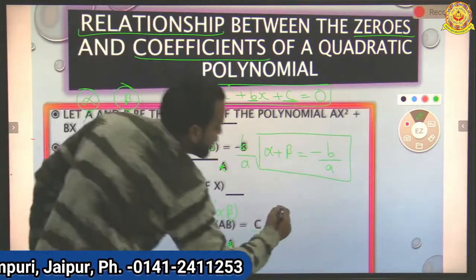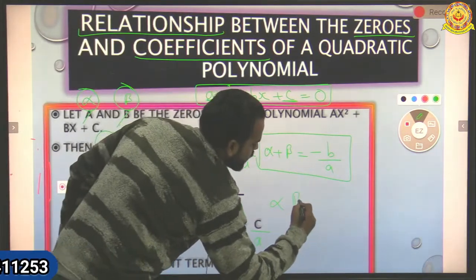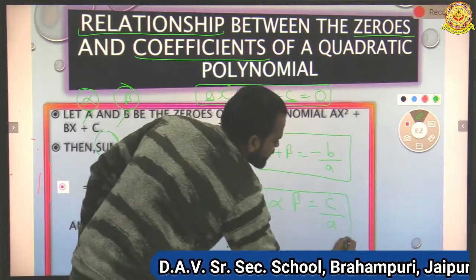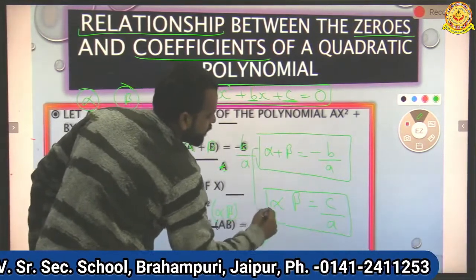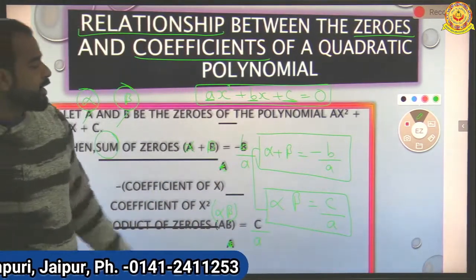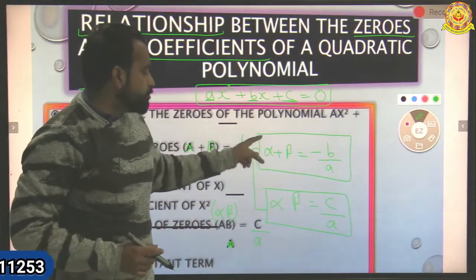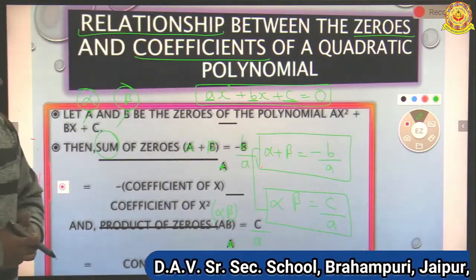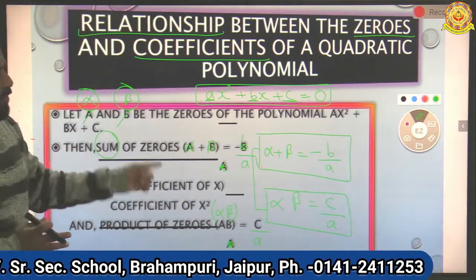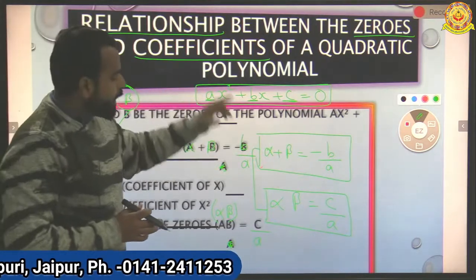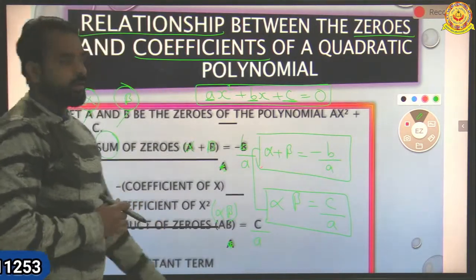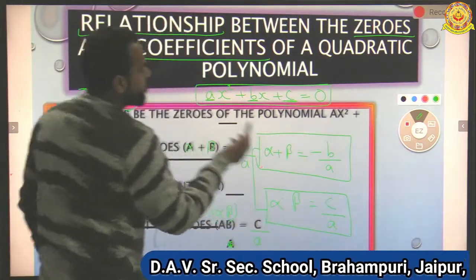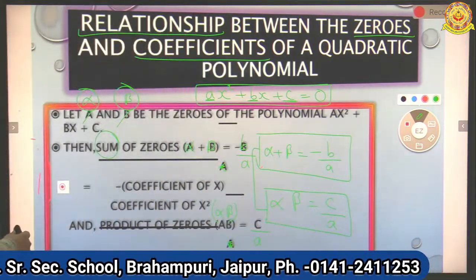So we will write that relation also. Alpha into beta is c upon a. This is the second relation. So these are the two relations between the zeros and the coefficients. Is it clear? Sum of the zeros is minus b upon a, and the product of the zeros is c upon a. And we all know that c is the constant value and a is the coefficient of x square.